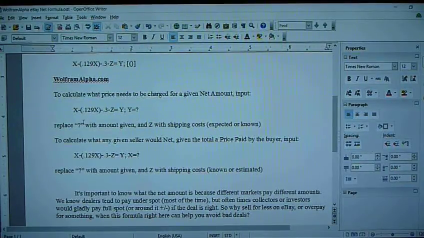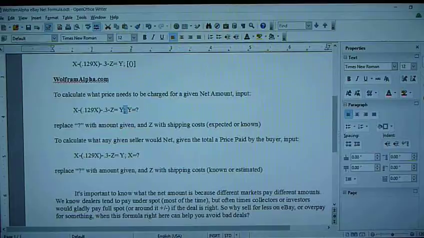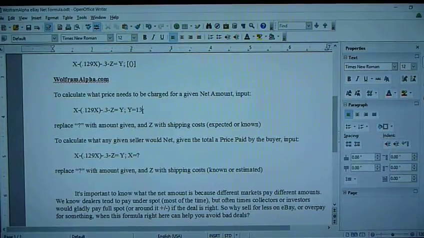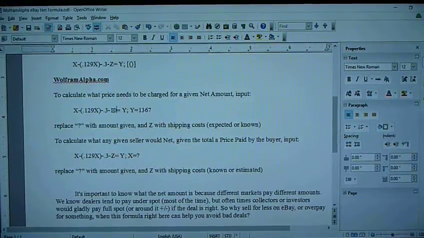I would take the question mark right here. I have a semicolon, x minus 0.129x minus 0.3 minus z equals y, and y equals, and I replace that question mark with the amount given. So I've replaced this with $13.67, call it. And then the z with the shipping costs. Let's say it cost me $10 to ship it.